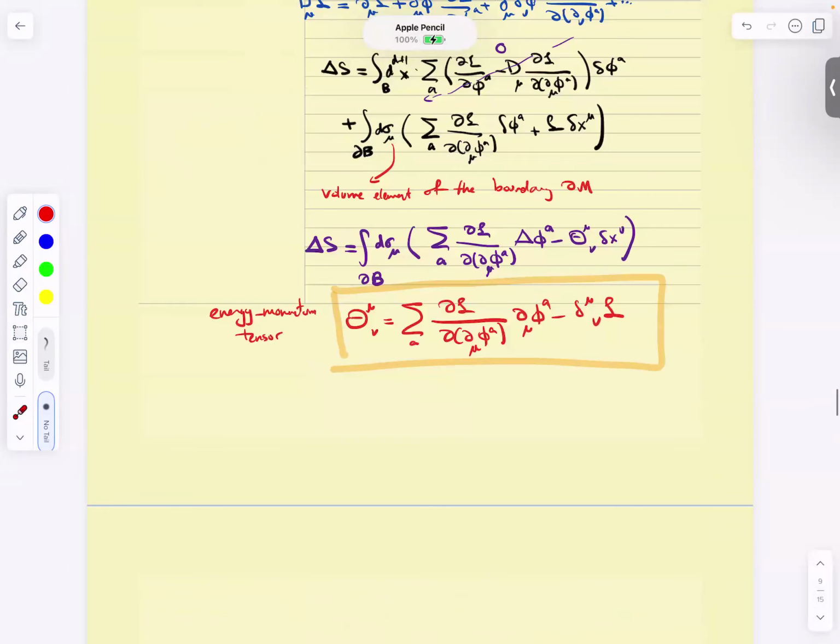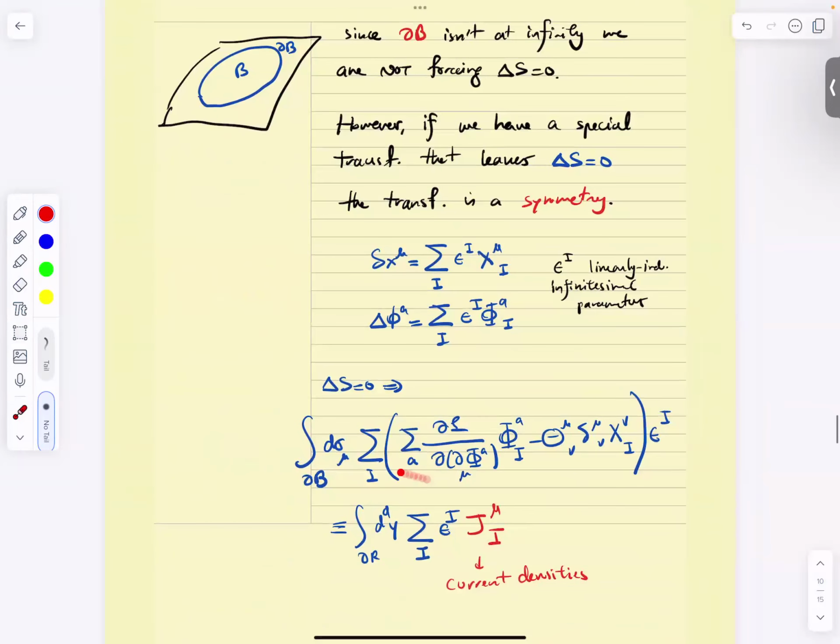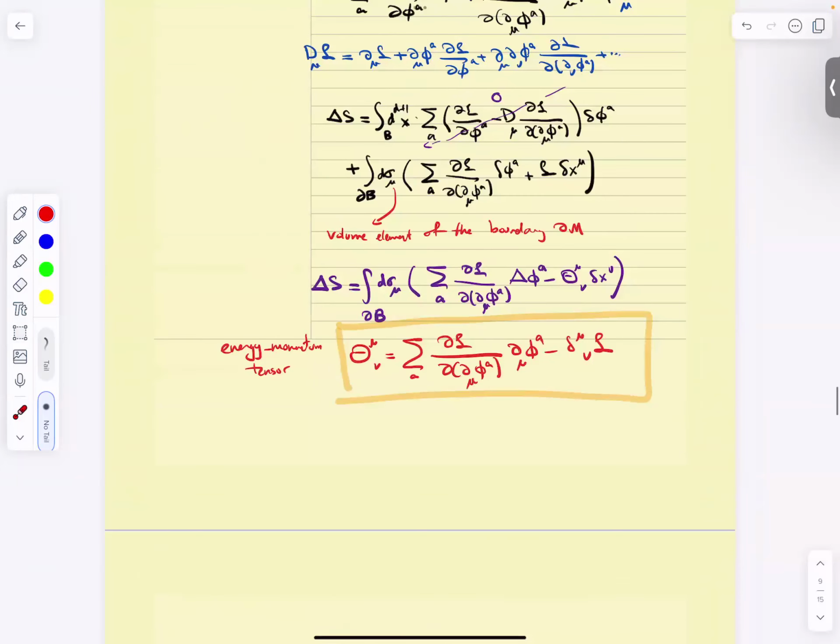Now, what happens is that if you have a symmetry, delta of S vanishes, which means that this integral should vanish. Right? Okay. So here's that integral. To see what's happening, if you recall this capital delta phi of A, I introduced these epsilon i's for independent variations.